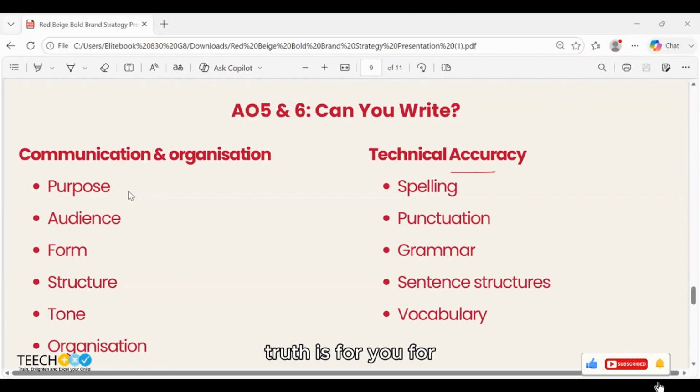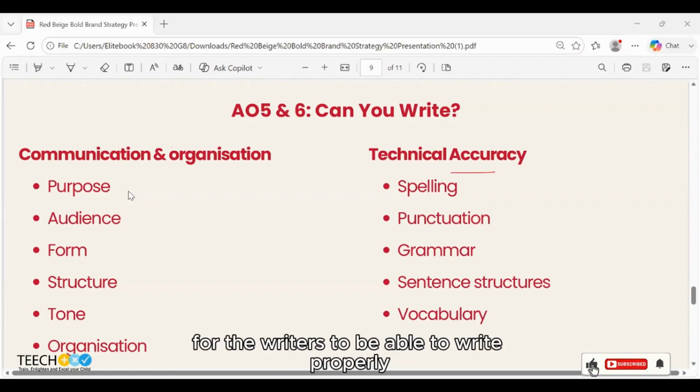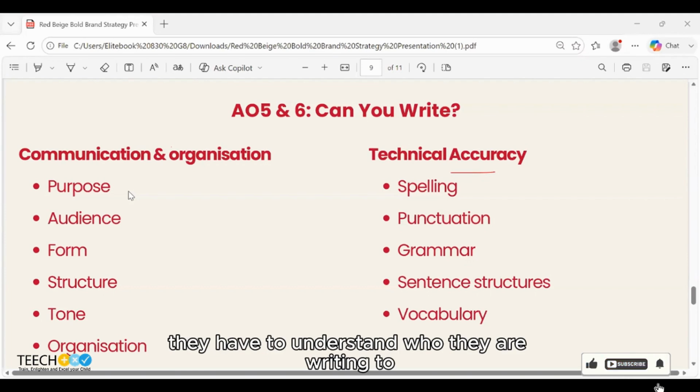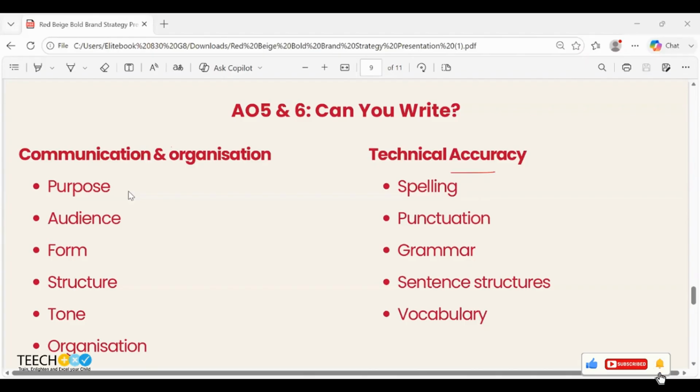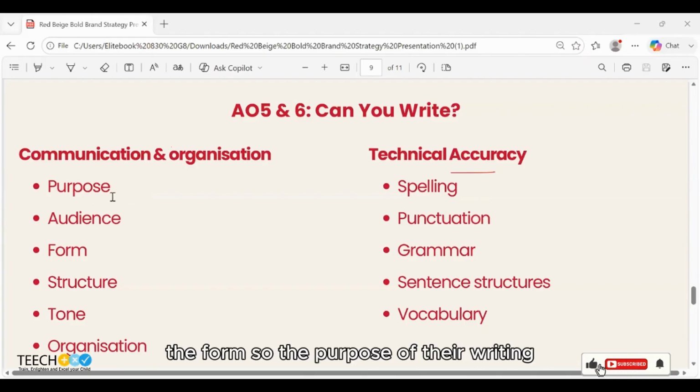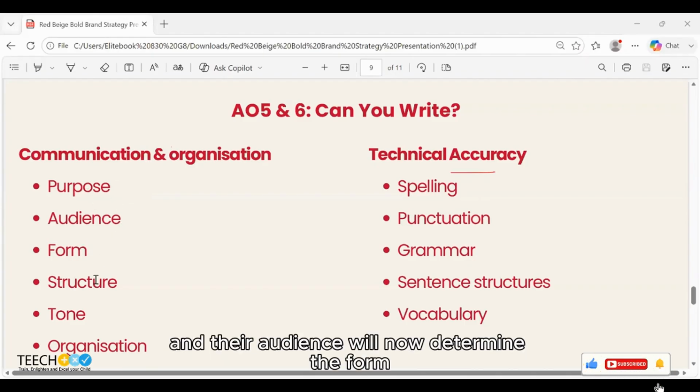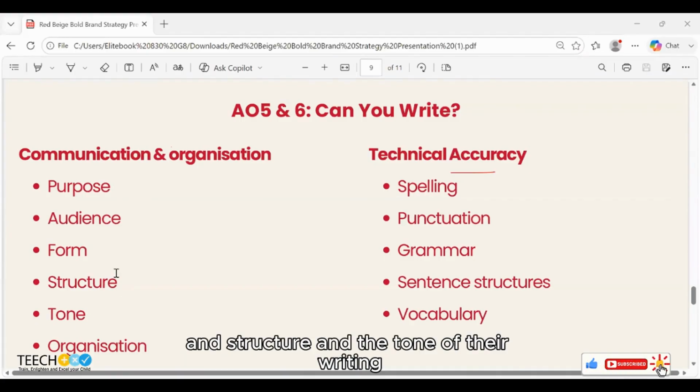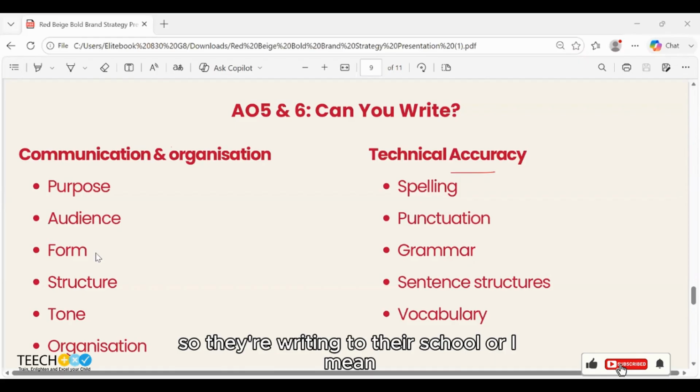Truth is, for the writer to be able to write properly, they have to understand who they are writing to, the purpose of their writing, the form. So the purpose of their writing and their audience will now determine the form, structure and tone of their writing. So they're writing to their school, in their school magazine.